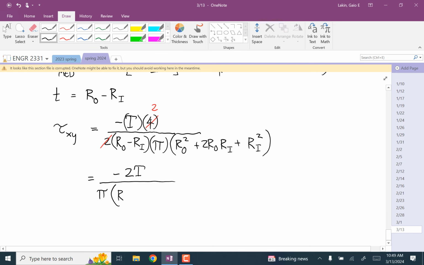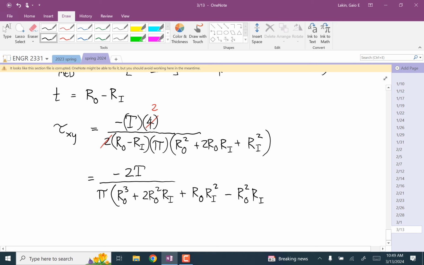So we got r outer cubed plus 2 r outer squared r inner plus r outer r inner squared minus r outer squared r inner.